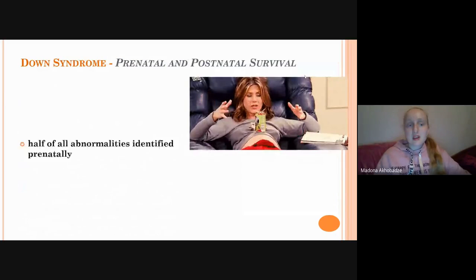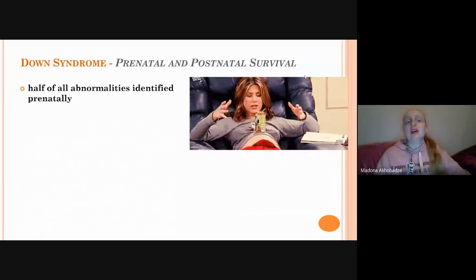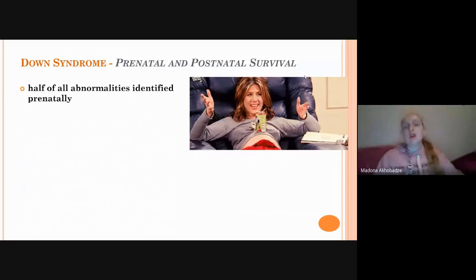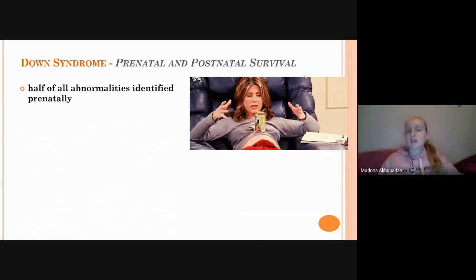Okay. So, as I said, half of all abnormalities are identified prenatally, meaning before the babies are born, intrauterine. It's really easy to detect. Just ultrasonography to see the folds of the neck and count them. Every ultrasonographer knows that. And to confirm the diagnosis, they do amniocentesis, take samples, and test the chromosomes.